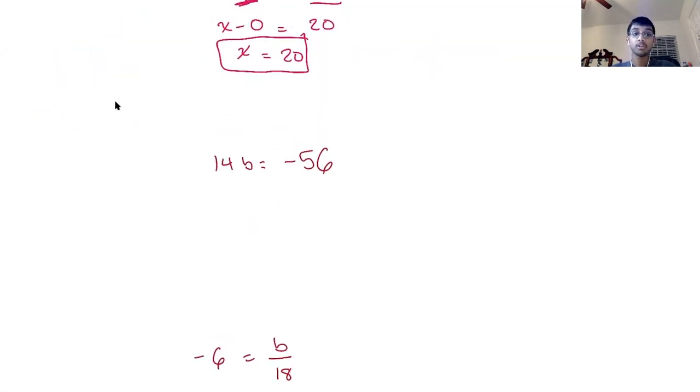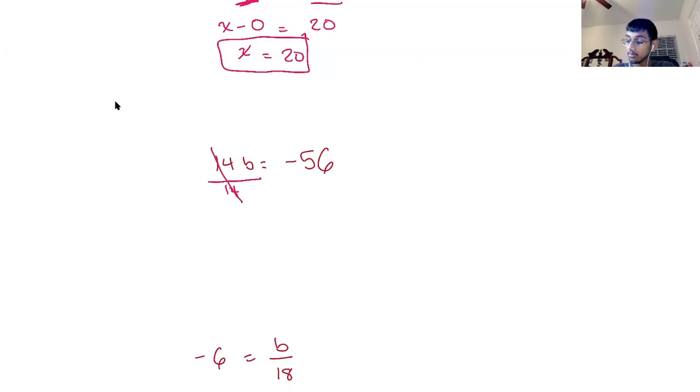So we have 14b is equal to negative 56. In this case, we just have something being multiplied by a variable, and it's equal to a constant. So all we're going to do in this case is get rid of the thing in front of the variable because we're almost fully isolated. To get rid of this thing in front of the variable that's annoying me, I'm going to divide 14 on both sides.